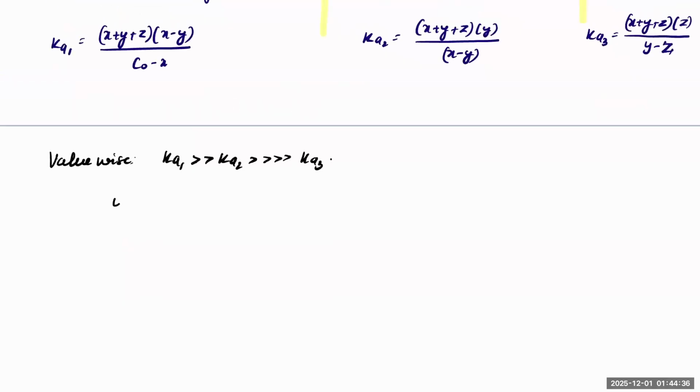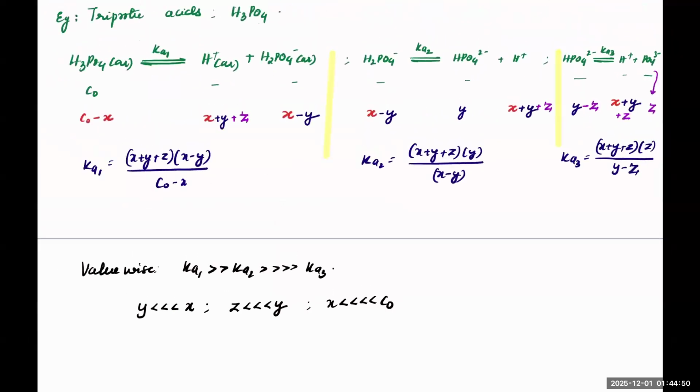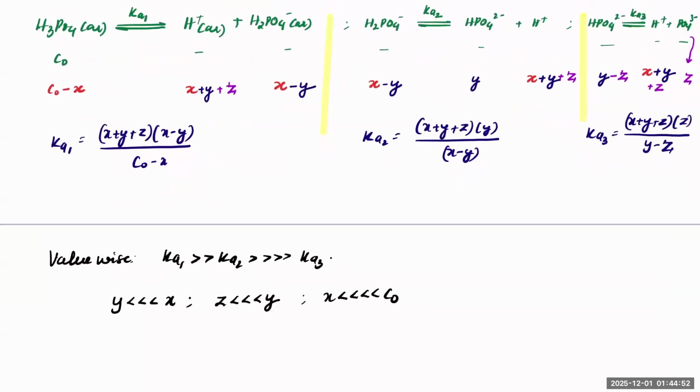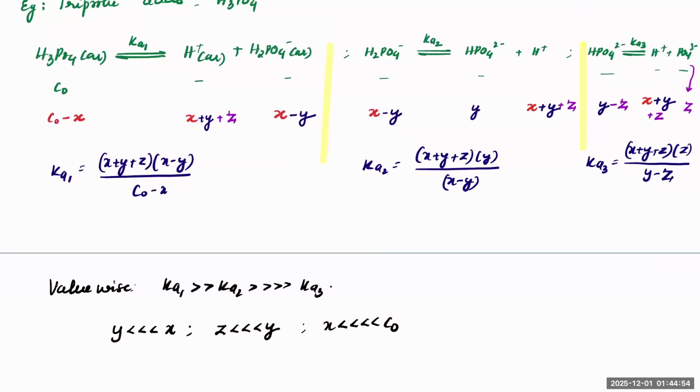So we can say Y is way smaller than X, and Z is even much smaller than Y, and X is way smaller than C naught. So these are the comparisons you should understand: how X, Y, Z are compared with respect to C naught.